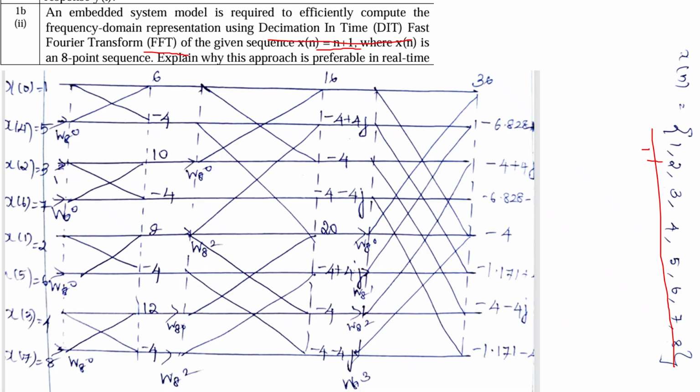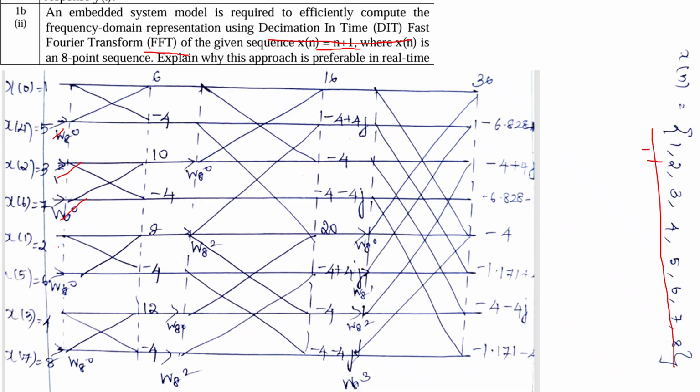If you remember, I have already discussed a special session on DIT and DIF in a previous video. You can check it. I will drop the link in the description section. So here, first you have to multiply by the W at 0. Here no need to multiply, here you have to multiply, again no need to multiply, here you have to multiply.